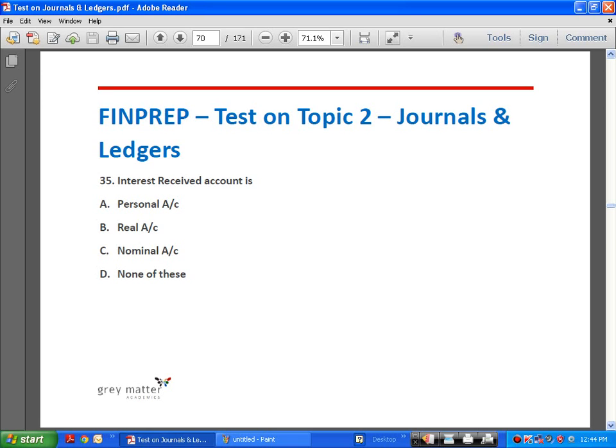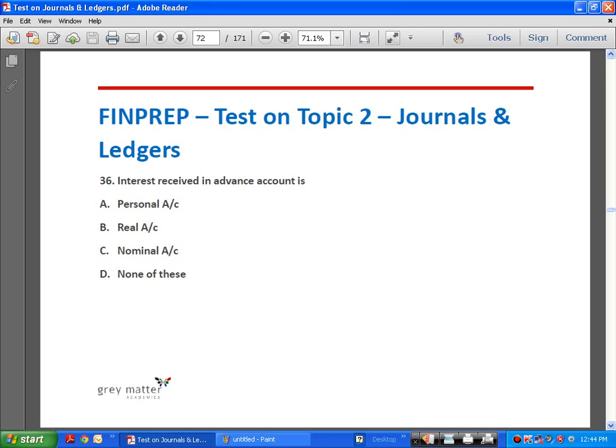Interest received is an income, and all incomes and expenses are accounted for in nominal accounts. Right? So interest received is a nominal account. Interest received in advance is right.